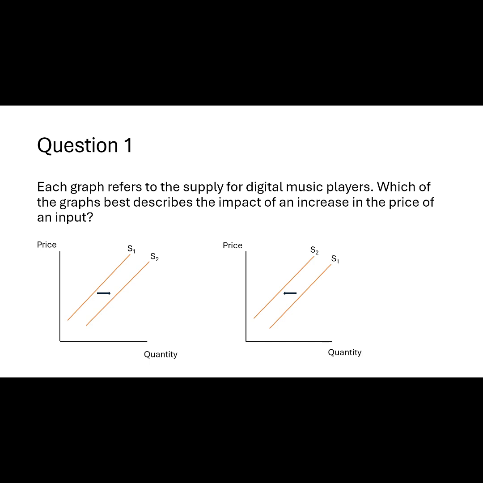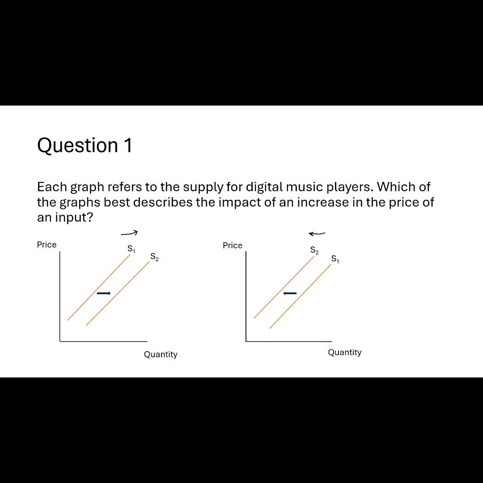So what would happen? Would the supply curve increase? Meaning, would the supply curve go that way, or would it go the opposite way? Well, if the input becomes more expensive, the overall product is likely to increase in price. And if it increases in price, you're probably not going to be selling as many.